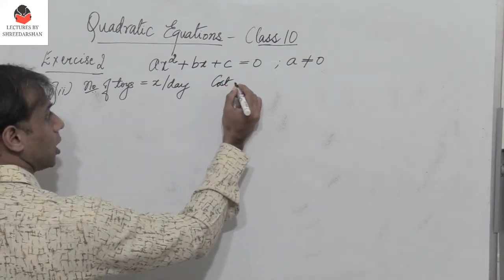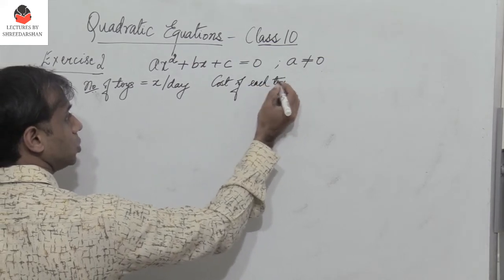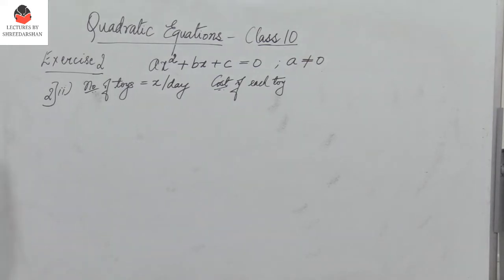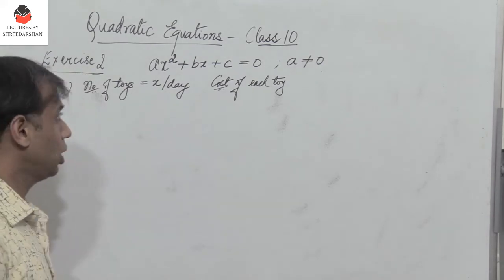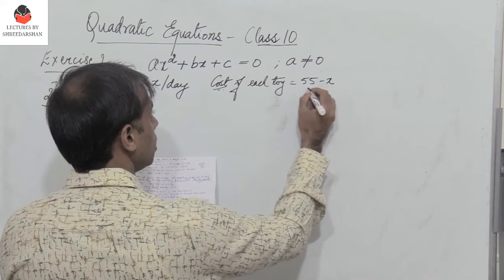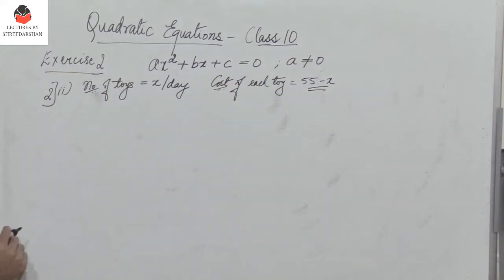It is the cost of production, right? That means how much cost is required to manufacture the toy is nothing but 55 minus the number of toys which are produced that day. Alright, so that's 55 minus x.